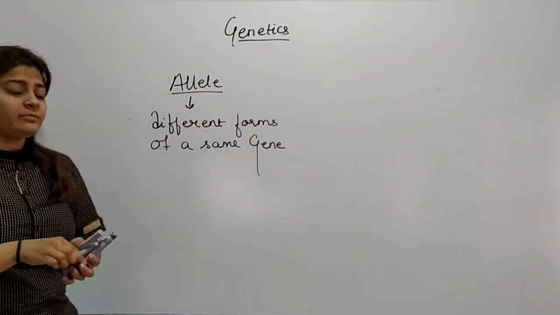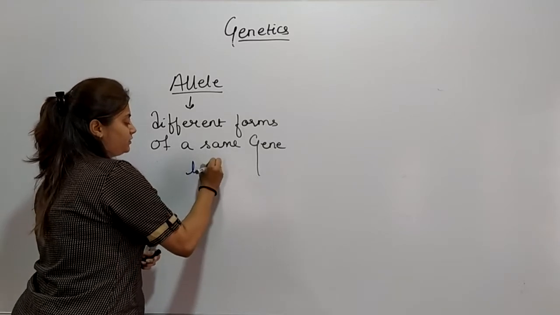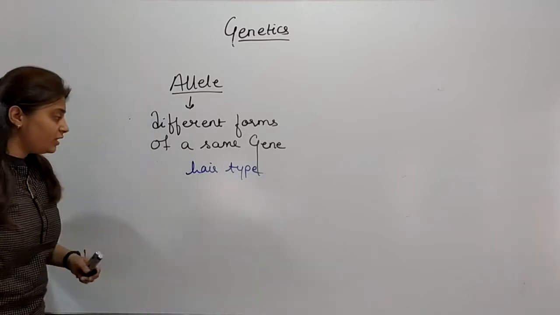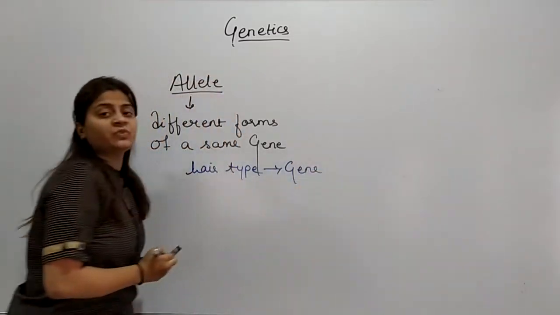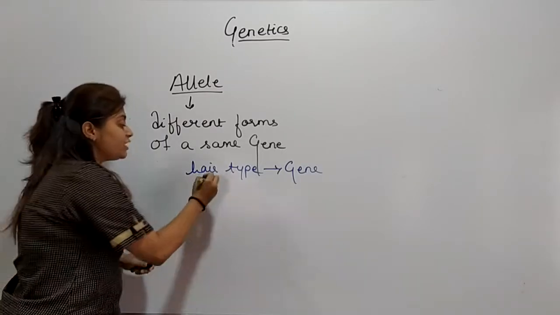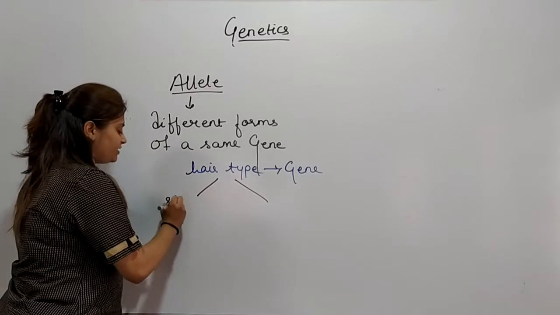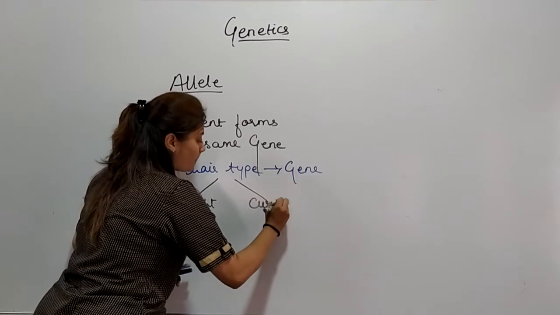Let me give you an example of hair type. The gene is for the hair type. So I can have two alleles of it, let's say straight hair and curly hair.